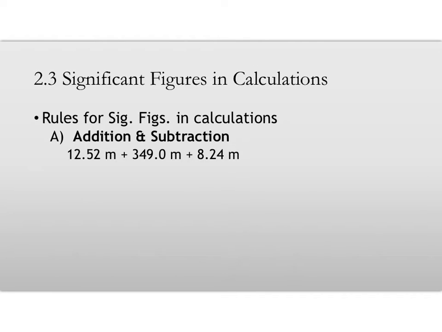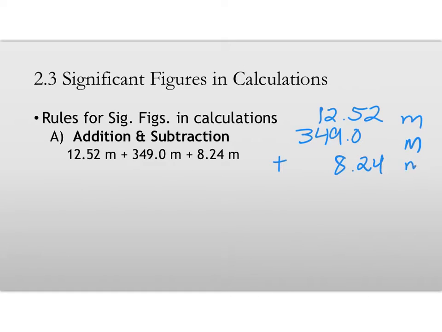For example, we have 12.52 meters plus 349.0 meters plus 8.24 meters. If we add those up, you get 6, 7, here's your decimal, 2 plus 9 is 11, plus 8 is 19.